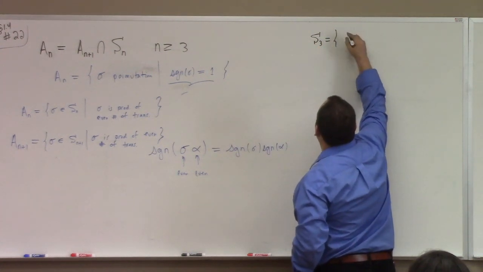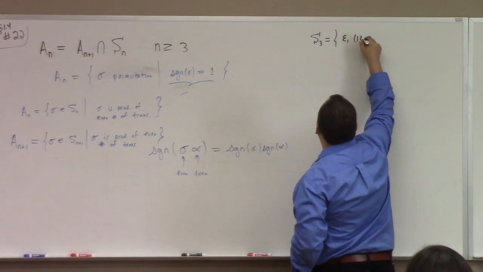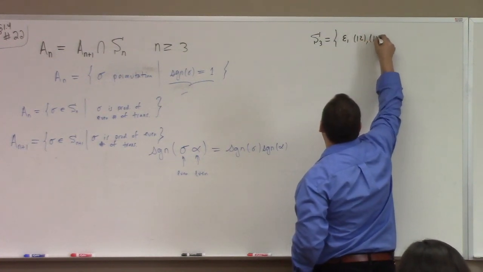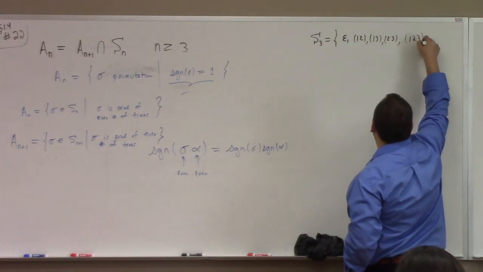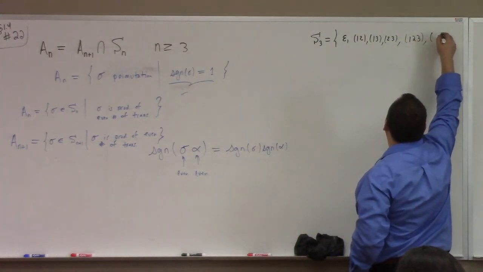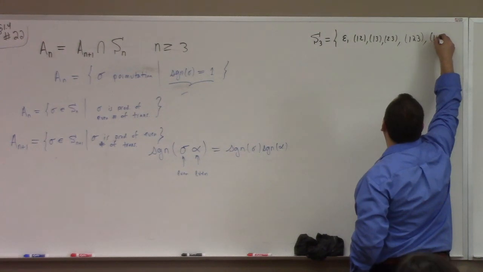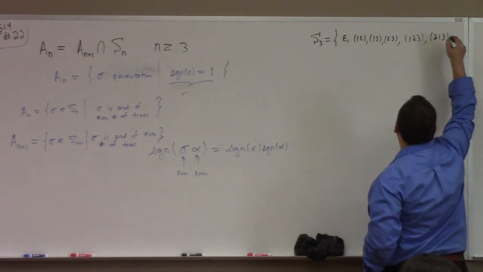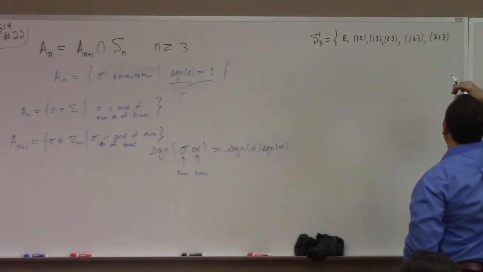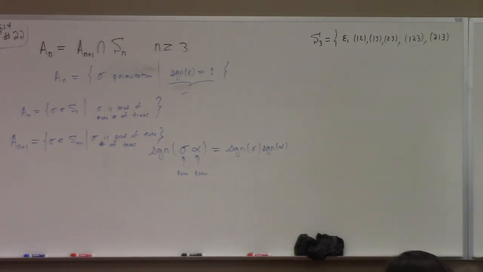Of course, we have the identity, right? You have (1 2), (1 3), (2 3), (1 2 3), and what else? (2 1 3), also known as (1 3 2). I think that's it, right?